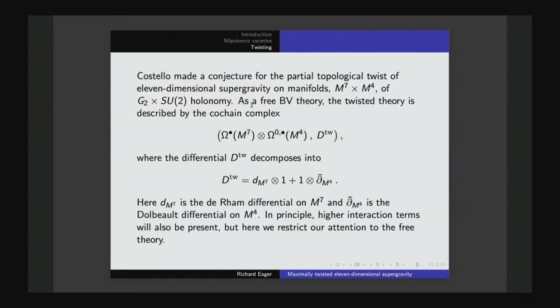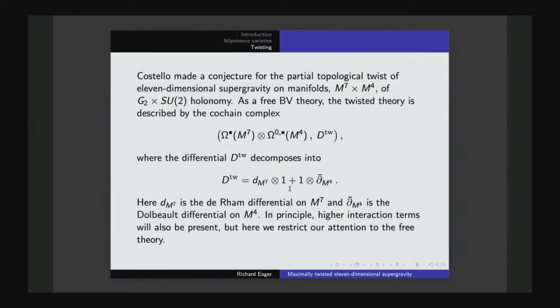As a free BV theory, the twisted theory is described by a cochain complex, which is the tensor product of de Rham differential forms on M7, tensored with the Dolbeault anti-holomorphic forms on M4, with a twisted differential, which is the sum of the de Rham differential on M7 and the del bar operator on M4. And very importantly, there will be higher interaction terms.